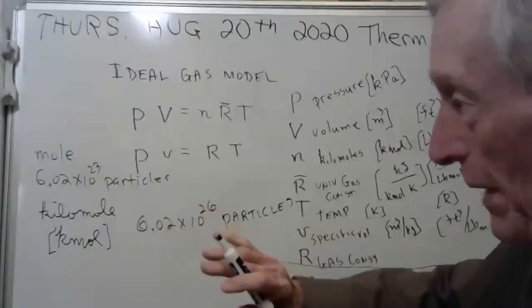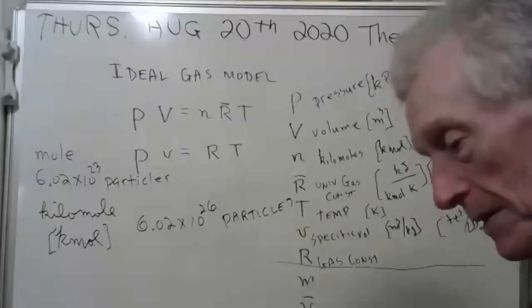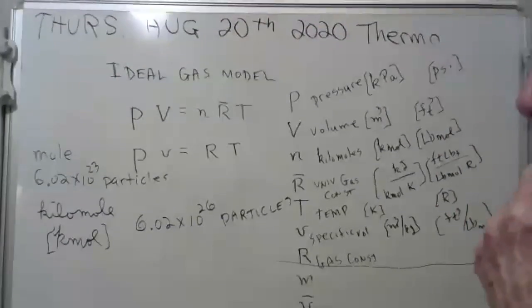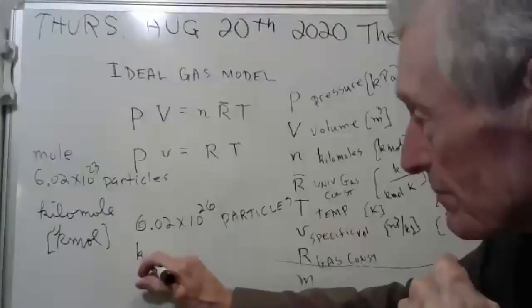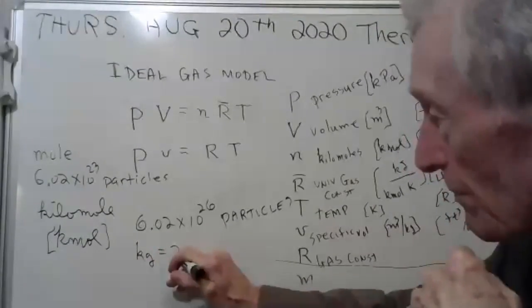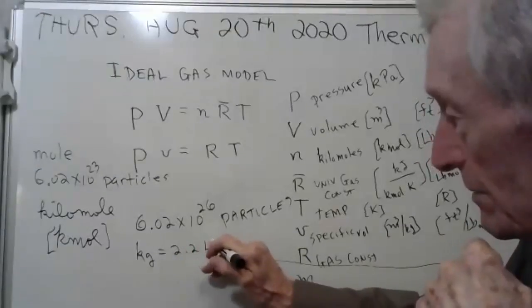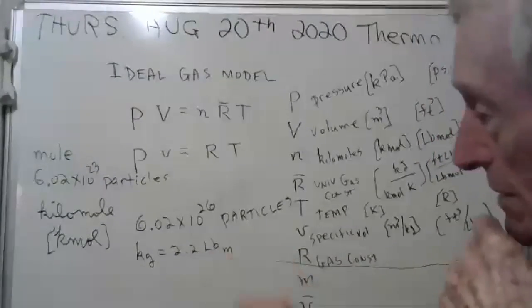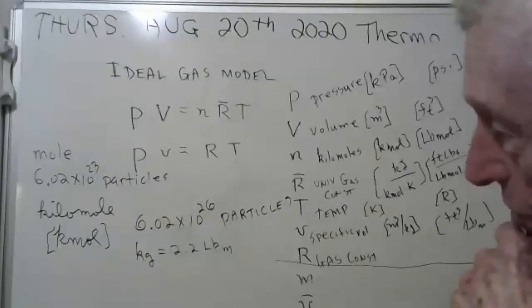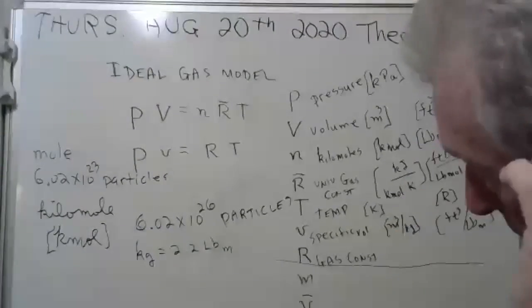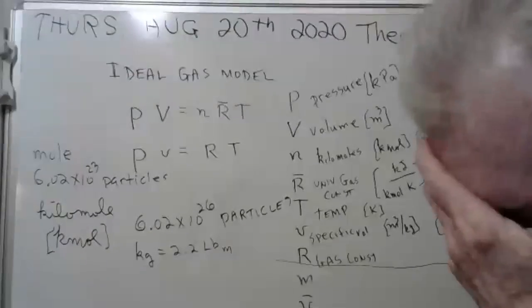Now there's also pound moles. Now I don't know if you remember this, but a kilogram is equal to roughly 2.2 pounds. And so now this thing, I don't want to foul this up here.